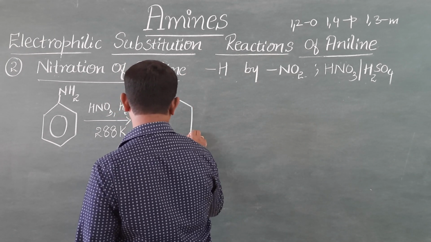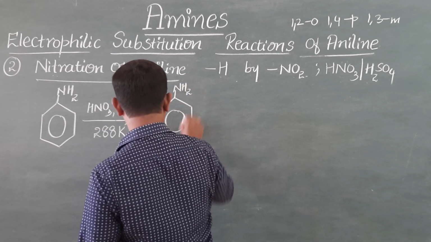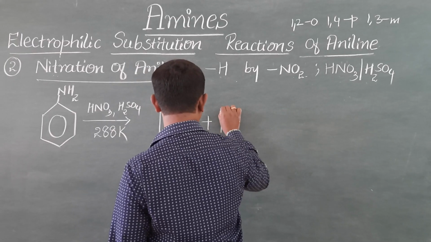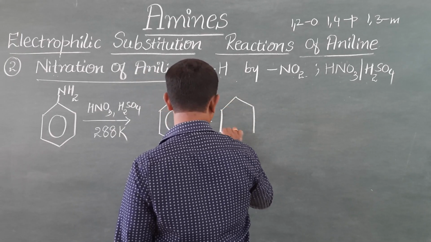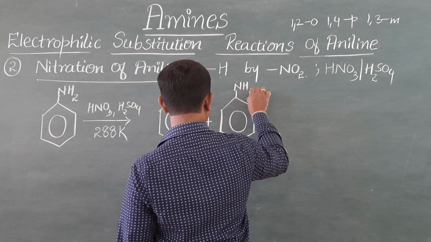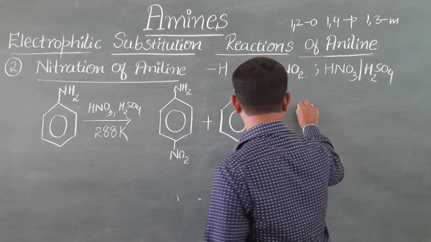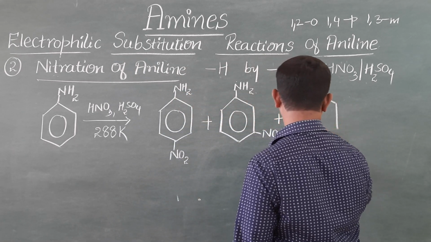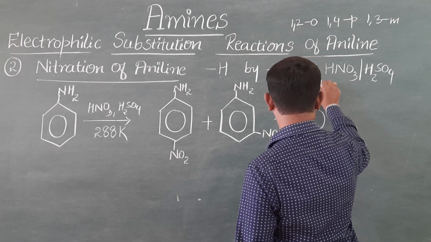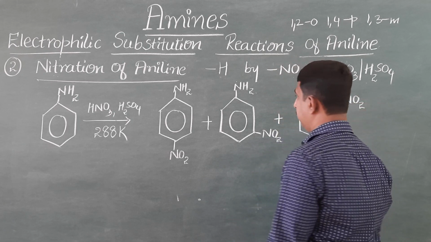Products obtained are, see, this is aniline with the nitro group at the para position, this one at the meta position, and one more ortho derivative.